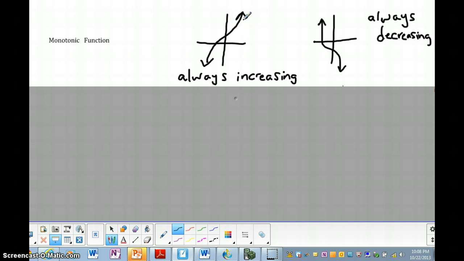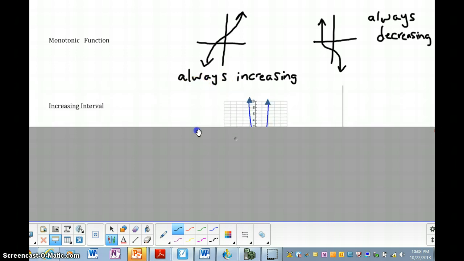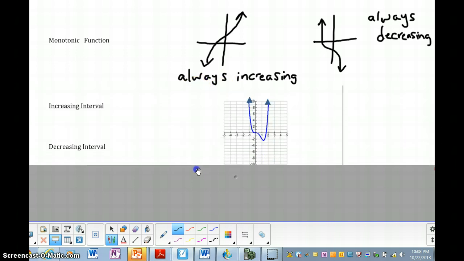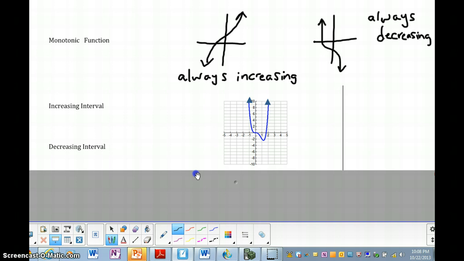Bringing back the vocabulary words increasing and decreasing is also important. Remember back from Algebra 2 when we started talking about increasing intervals and decreasing intervals, we're examining our graph always from left to right, comparing the y values to see what's happening, and then writing down the x values.